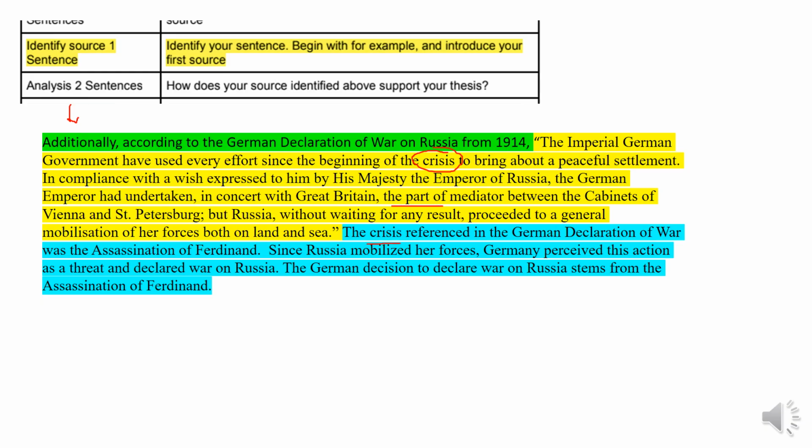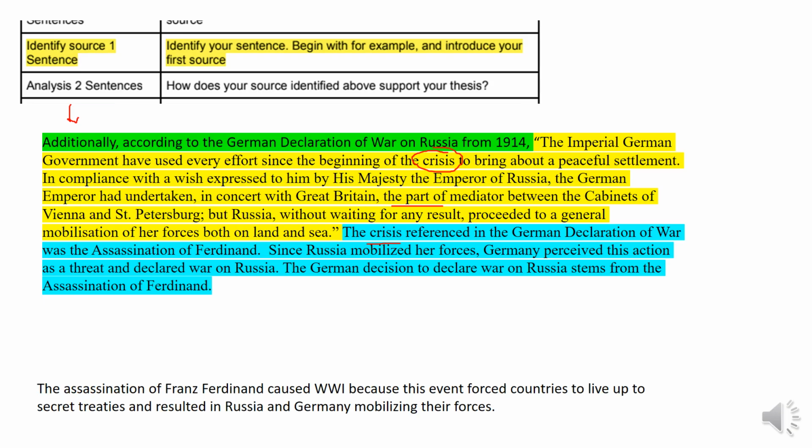The crisis referenced in the German Declaration of War was the assassination of Ferdinand. Since Russia mobilized her forces, Germany perceived this action as a threat and declared war on Russia. So again, when we go back to the thesis, resulted in Germany and Russia mobilizing their forces. This is exactly what is being argued in the analysis and is supported with this source.